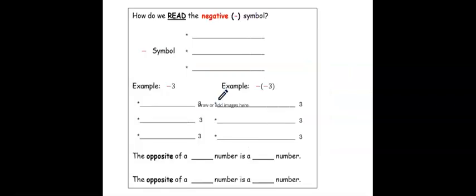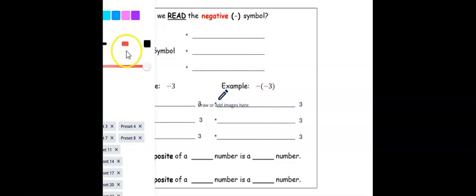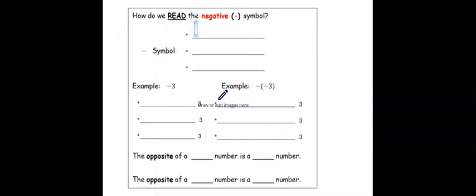Okay, in this next piece, we need to be able to read the symbols when we are given math problems. How do you read these symbols when you're given math problems? So we're going to start with some terms for the negative symbol. You guys are probably used to the terms minus, take away, subtract.